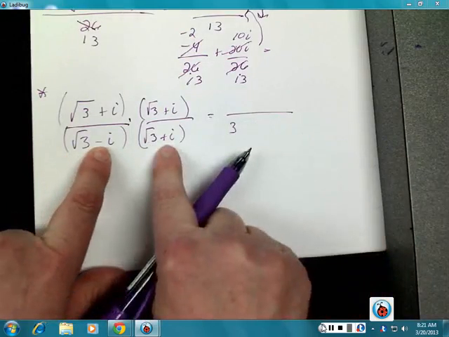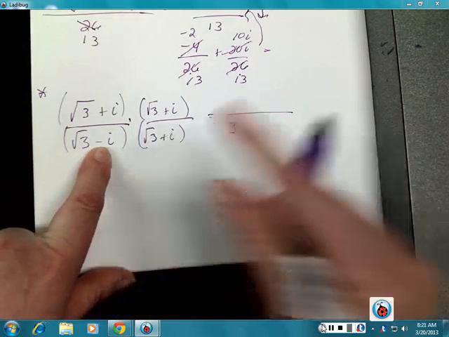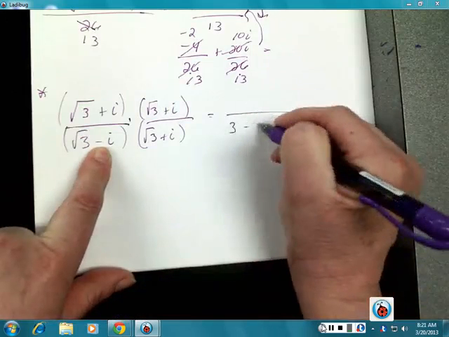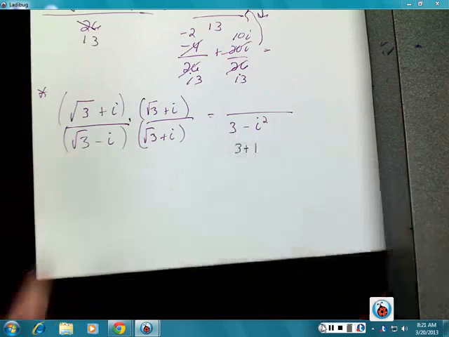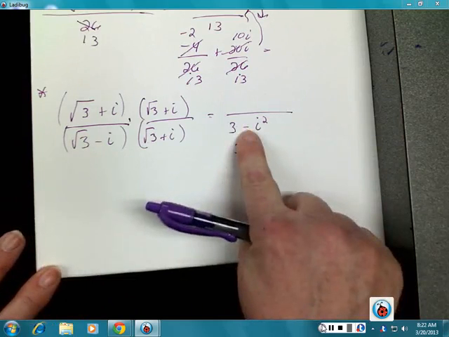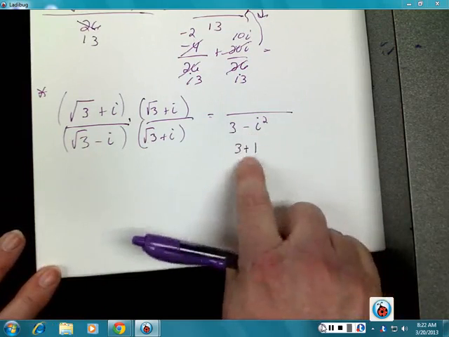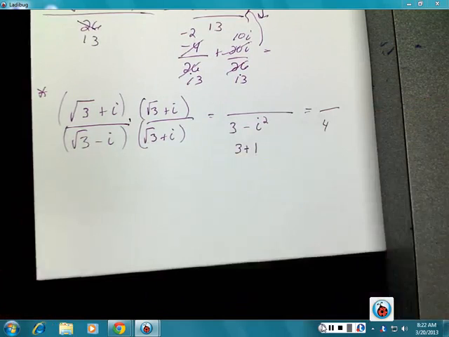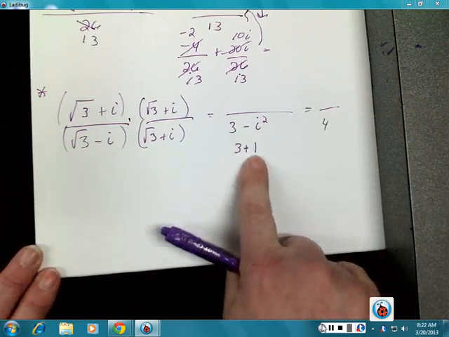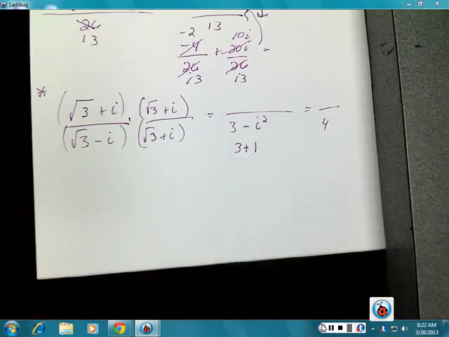Negative 1i times a positive 1i gives me a negative i squared, which is really a negative 1, but it's a negative out in front, so it changes signs. Be careful with that. That's usually the number one mistake that's made, is you forget to change the sign there. It's always going to change the sign in that location.